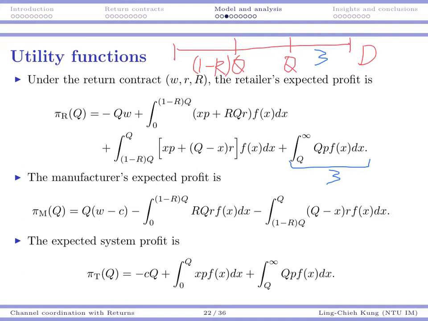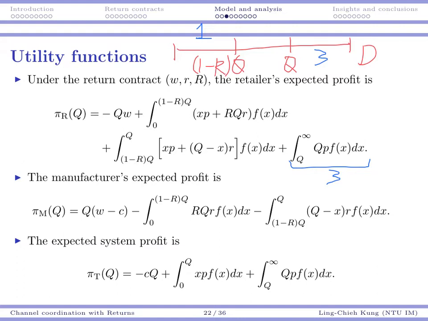Okay, so let's read this formula. Let's consider region 1 first. In region 1, what happened? I only sell less than this quantity. For each unit I sell, I earn small p as my sales revenue. And then I cannot return everything.